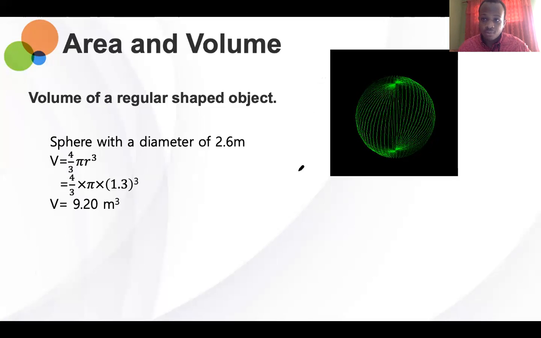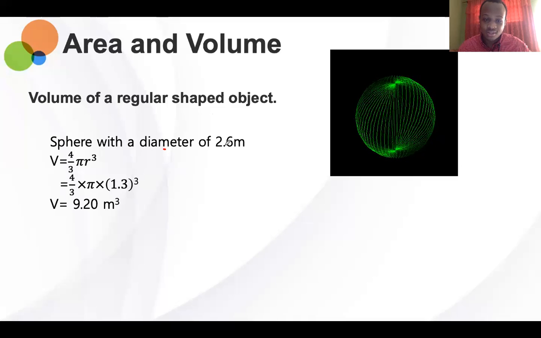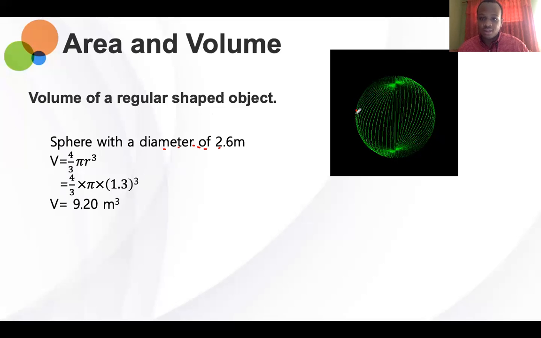All right, Rutan, I see you raise your hand. 1.3. No, it says that the diameter here is 2.6, right? So what exactly does the diameter represent on this diagram here?